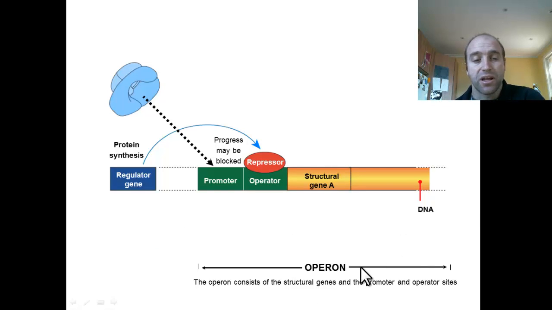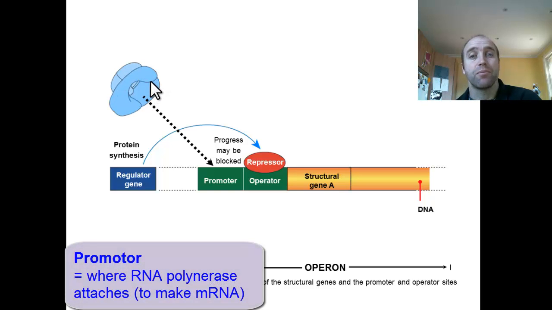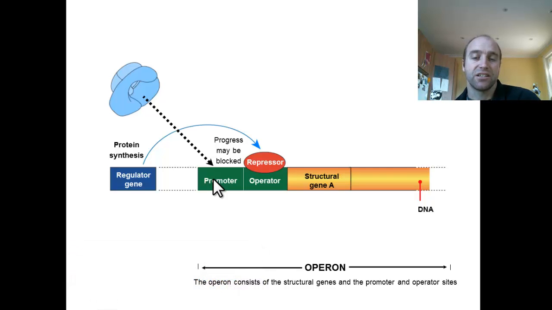So this diagram is probably a little bit clearer about what's going on. This part here is the promoter, and the promoter is where this molecule here, the RNA polymerase, attaches, and it runs along the DNA strand making RNA, making messenger RNA. Okay, so the RNA polymerase attaches at the promoter, the particular sequence that allows it to attach.